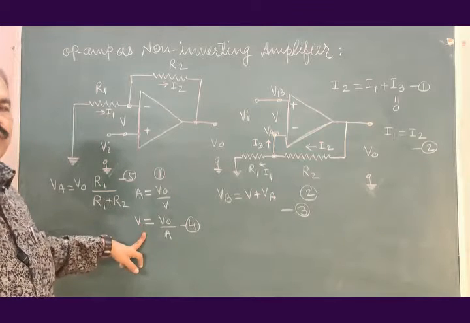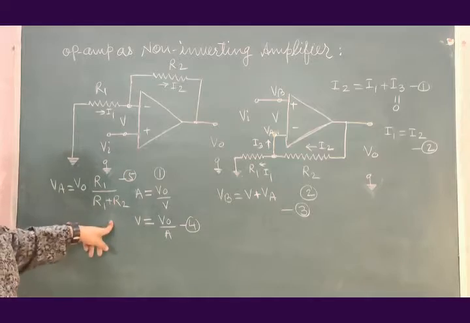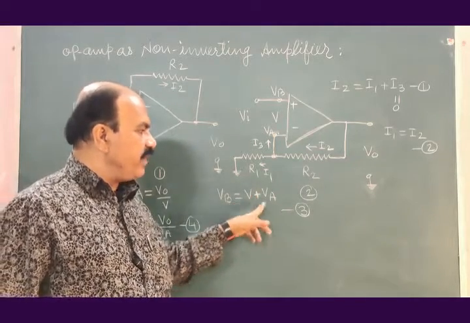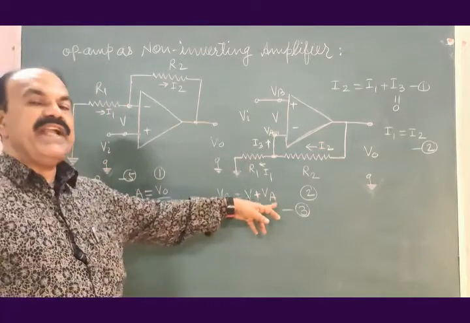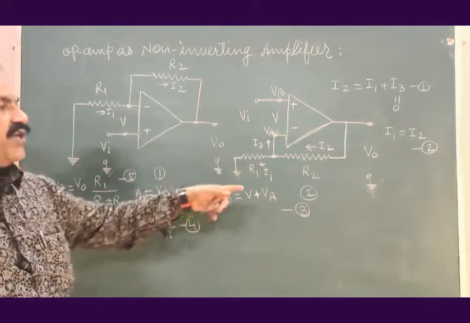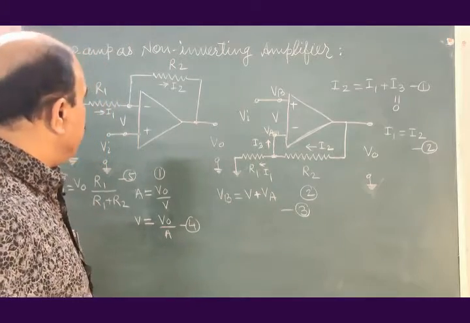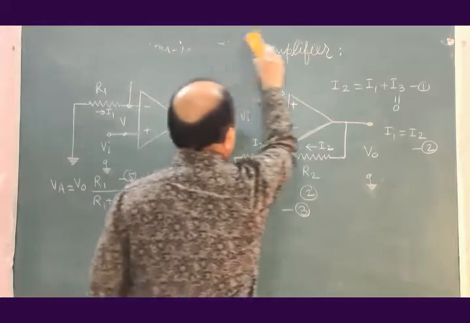Value of V is found in equation 4. Value of Va is found in equation 5. Vb is known, V plus Va. Let us substitute values of V and Va from equations 4 and 5 into equation 3, so that Vb will be... let me wipe out this figure.